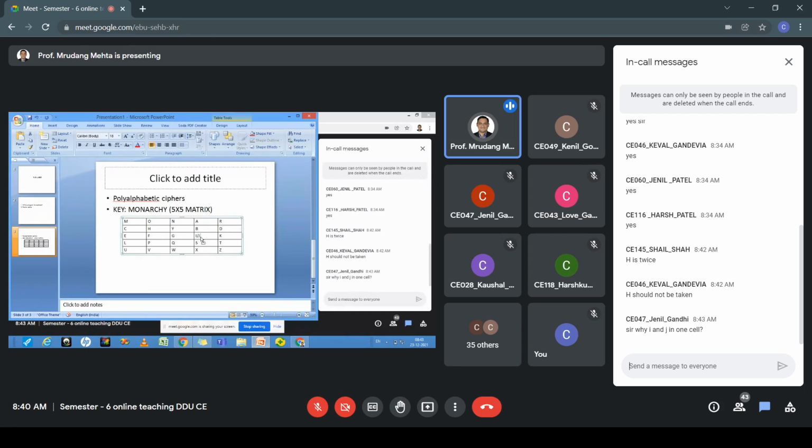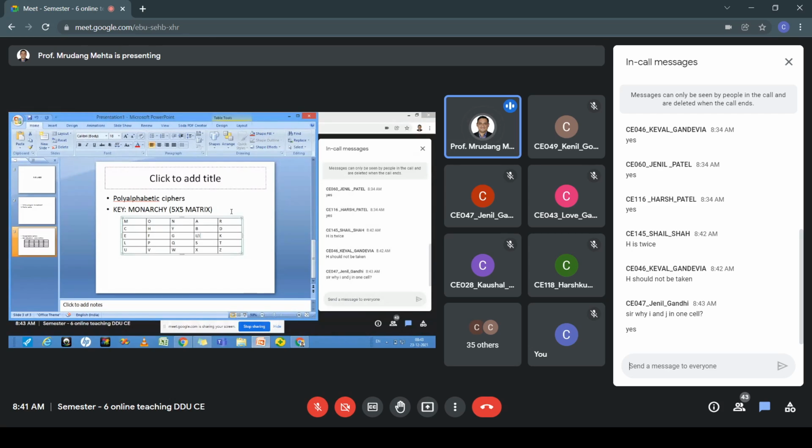Because this key is a 5 cross 5 matrix, and 5 cross 5 means 25, while the total characters are 26. So one cell should be used for two characters. So I and J are treated as one for encryption.